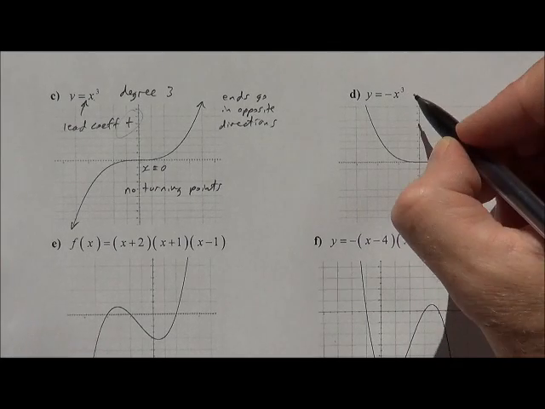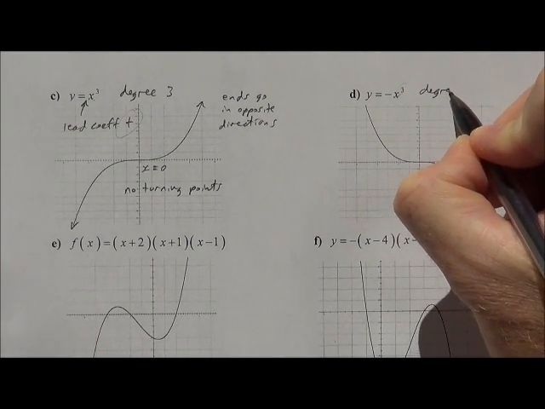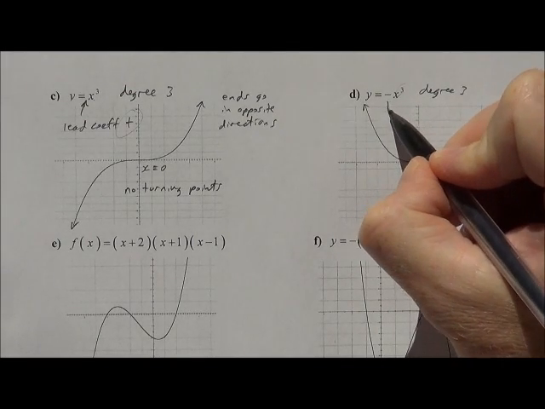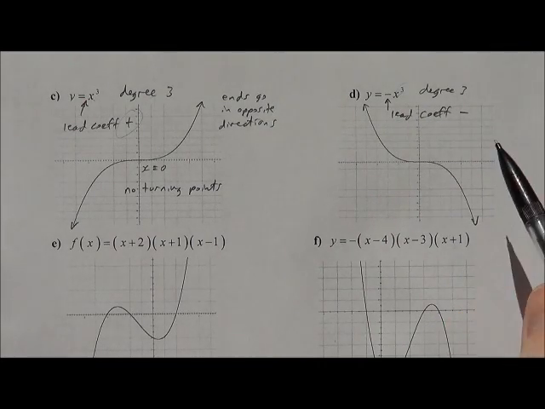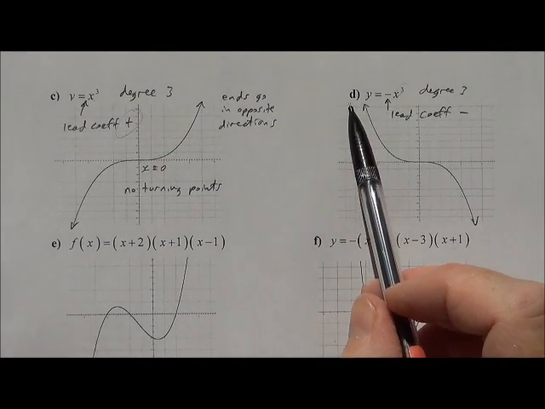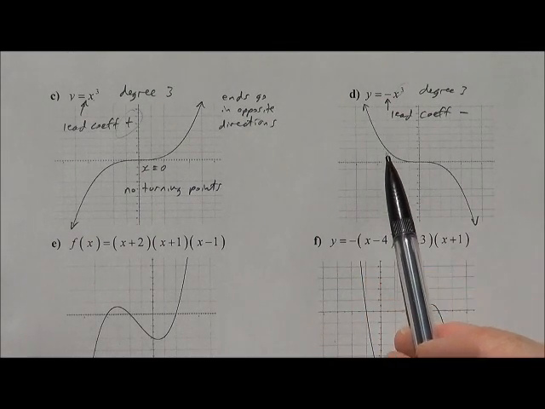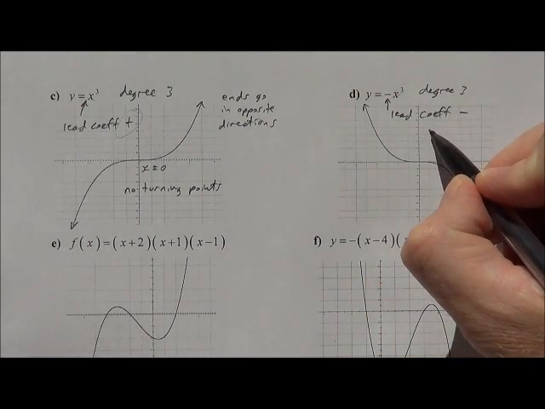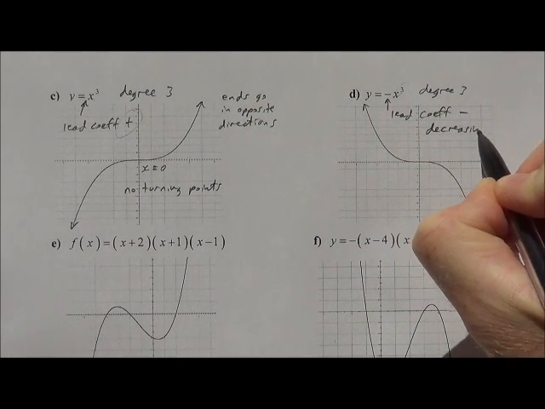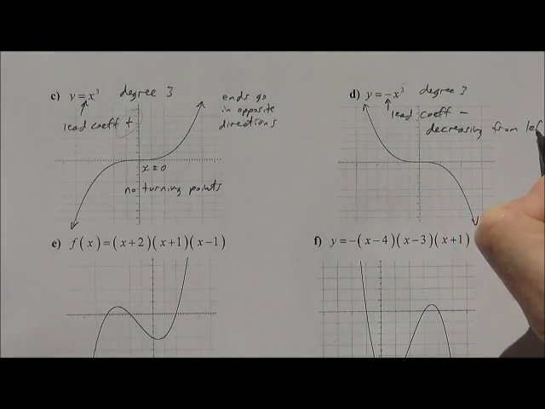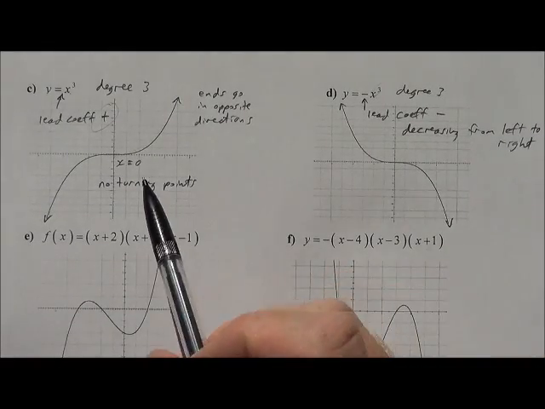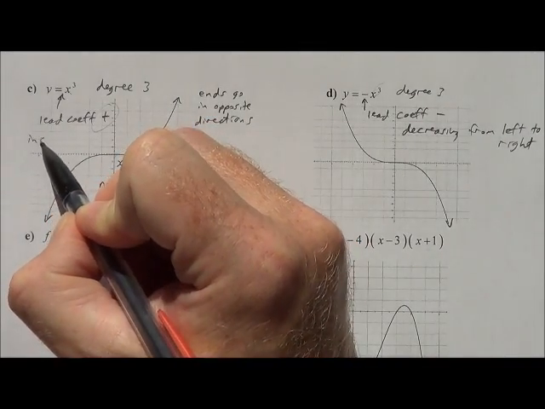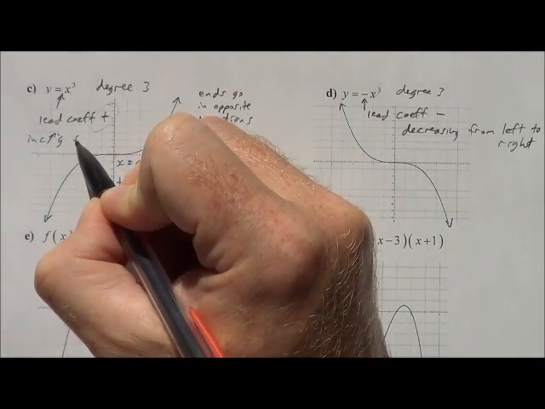And for the end behavior, with degree 3, the ends go in opposite directions. Alright, here we have, again, degree 3. Lead coefficient is negative. Because the lead coefficient is negative, as you follow along the curve from left to right, it's decreasing. I guess I could have said for part C that it's increasing from left to right.